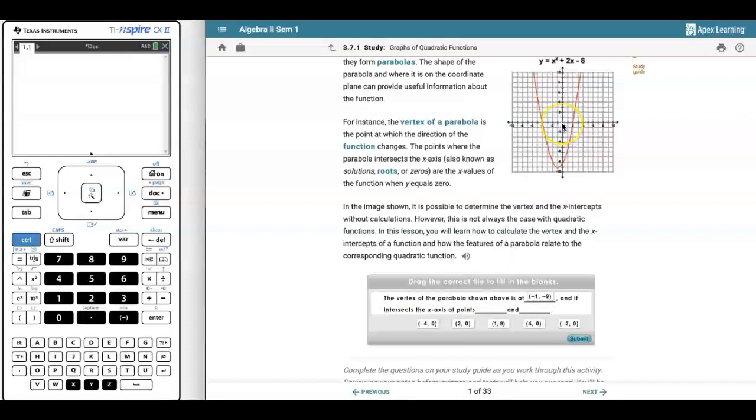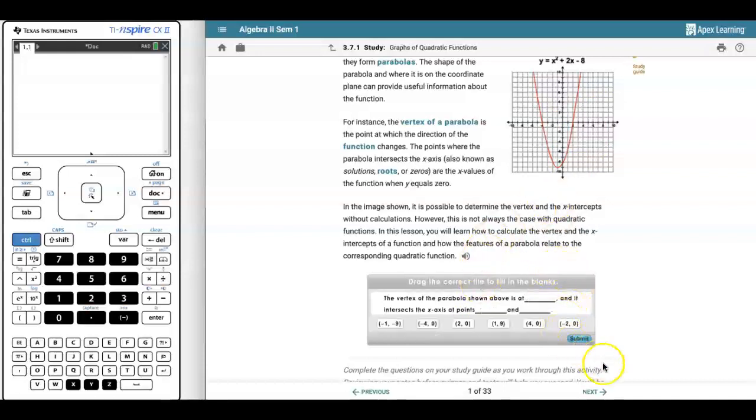One of the roots, or zeros, where it crosses the x-axis is at (-4, 0), and this other one is at (2, 0). The x coordinate goes first, then the y coordinate. Knowing those is going to be super helpful moving forward.